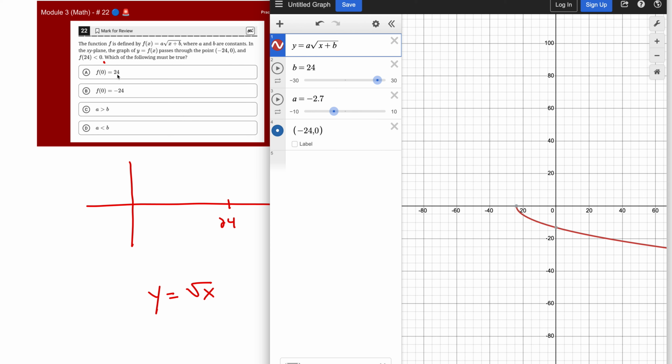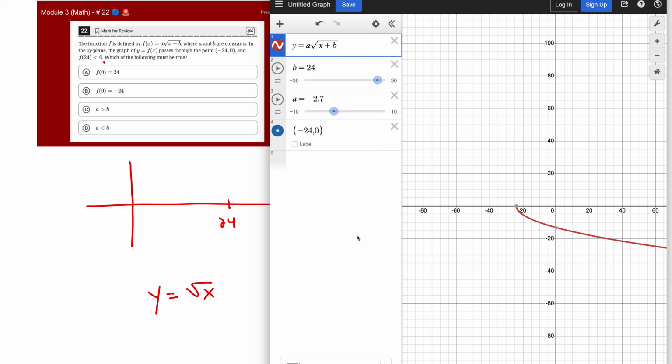Is y 24 when x is 0? No. When x is 0, y is negative 13. So option A isn't the answer. Here, when x is 0, is y negative 24? No. Once again, when x is 0, y is negative 13.